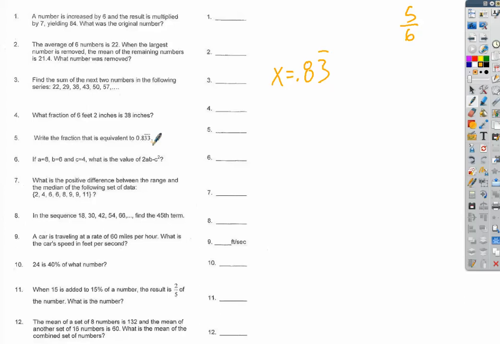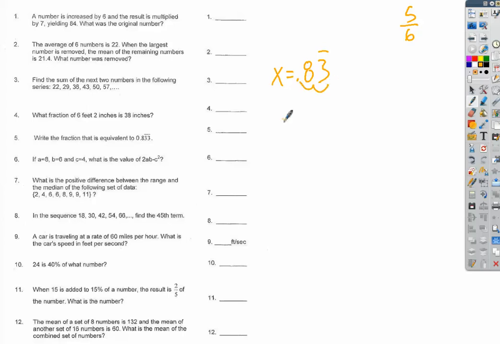So what I want to do is come up with an equation that gets rid of my repeating decimal. So what would I have to multiply 0.83 repeating by so that I didn't have the repeating decimal going on forever? Well, if I multiply it by, say, 100, because it starts repeating after here, right?